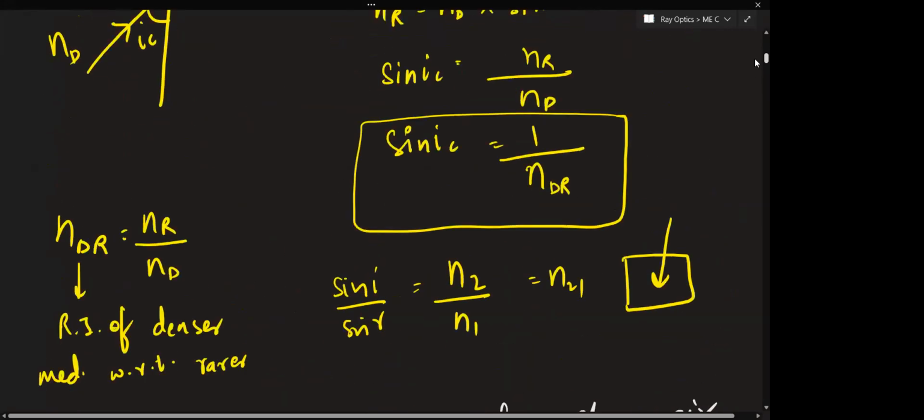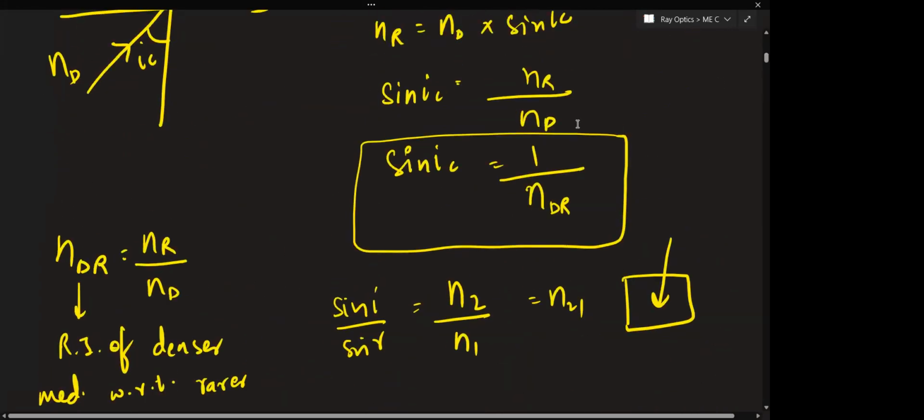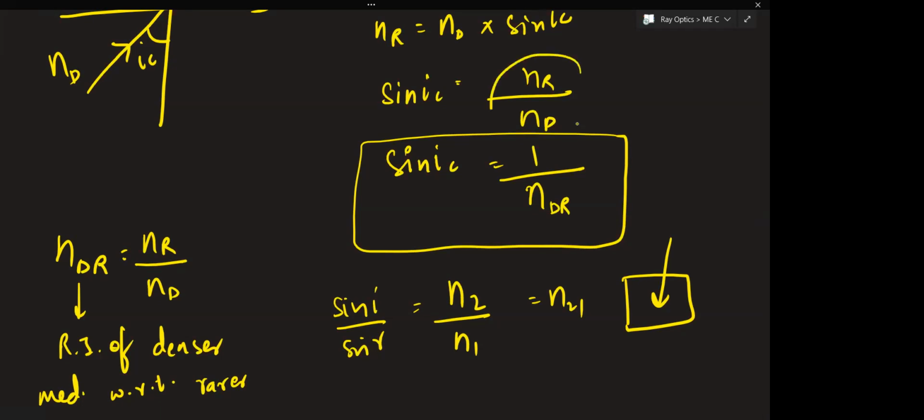You can write it by yourself as well. It's just a way to concise it, because if just one angle is given, you can use sine IC is equal to 1 by n. That is up to you, okay? However you feel it, you can use it and modify it. Okay, Sarah?